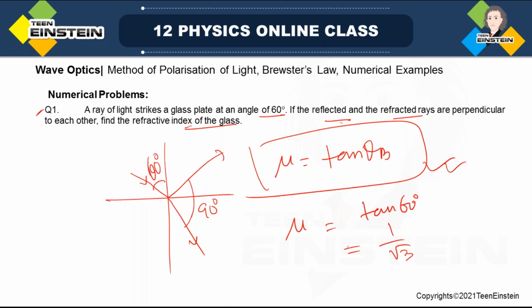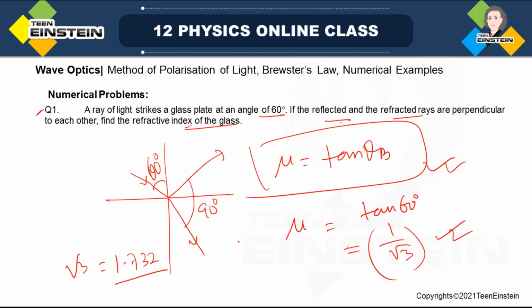If you don't want to find the value, you can keep it like this also. If you are given particular options, then you can use root 3 as 1.732, at least 1.73, and then find the particular value of the refractive index.